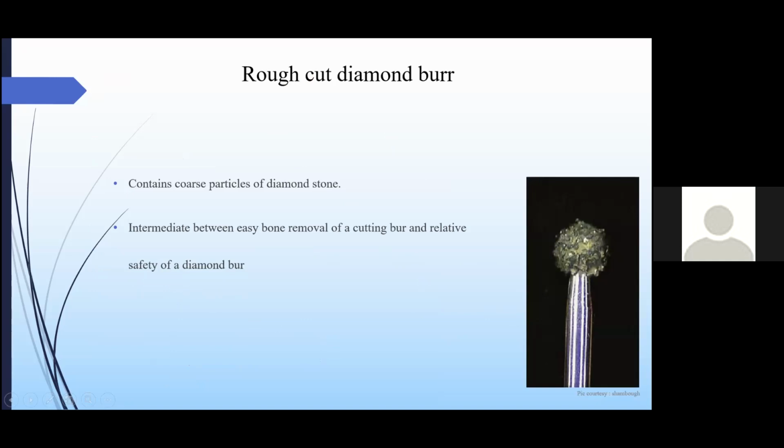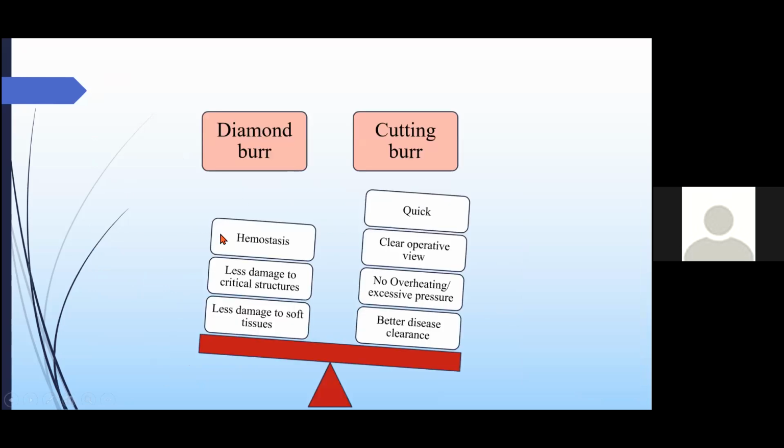I cannot come across anything in detail about it in the literature. So let's discuss, as I told, the diamond and cutting burrs. The cutting burrs are quick and cause efficient bone removal, and as it opens up the air cells, the operative view is clear along with the copious irrigation, and there is no overheating or excessive pressure issue in the case of the cutting burr.